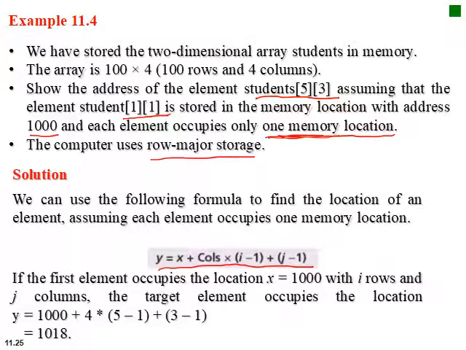So where X is basically the starting position, or the physical starting position, which is 1000, given to us, with I rows and J columns.